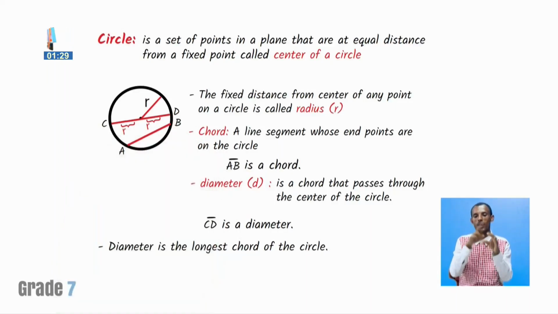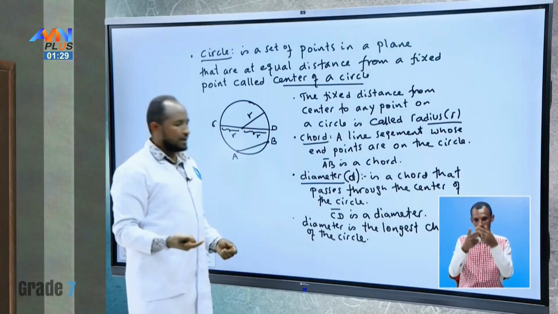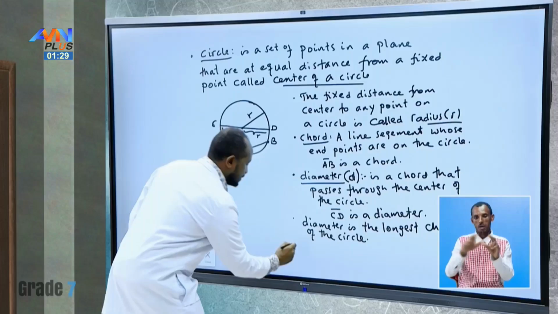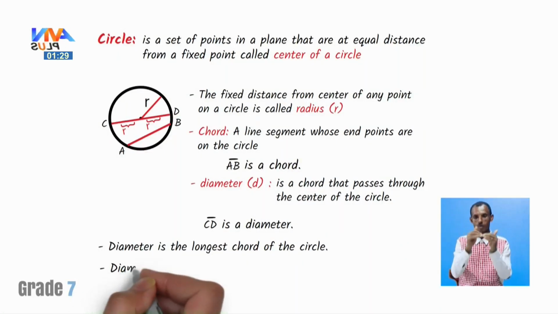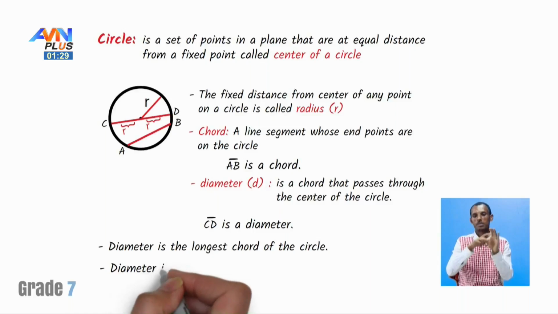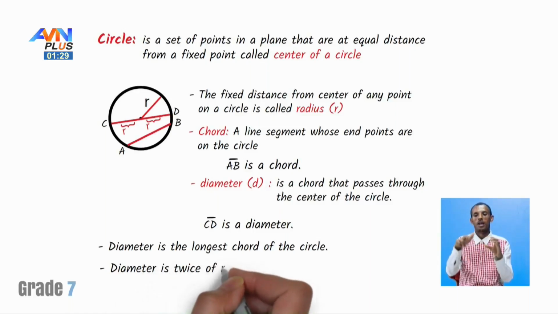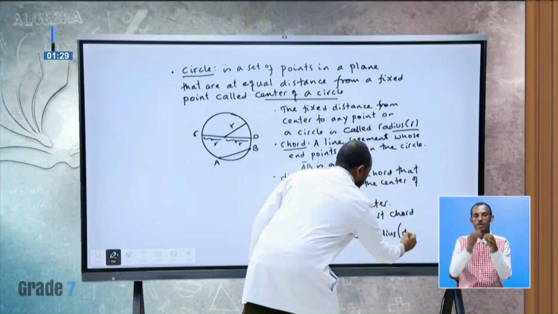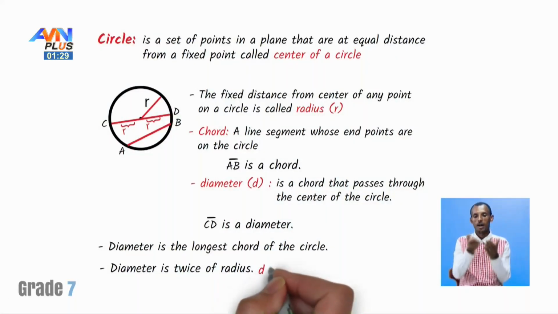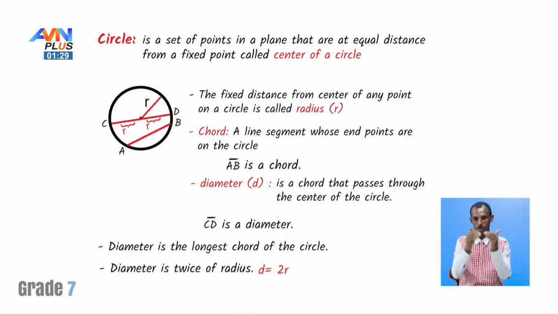So this diameter is twice of radius. So in short, we can write in this form: D is twice of r. Diameter is twice of radius.